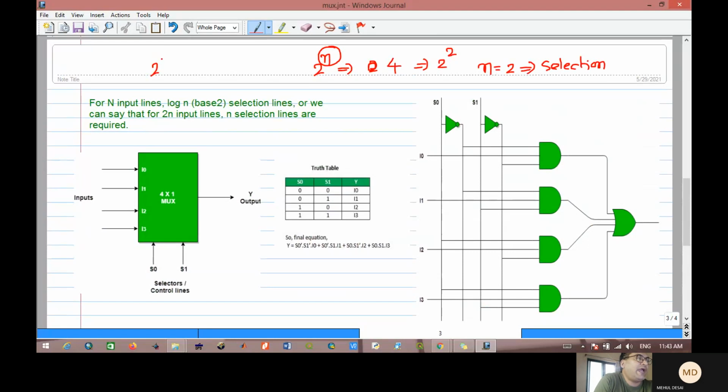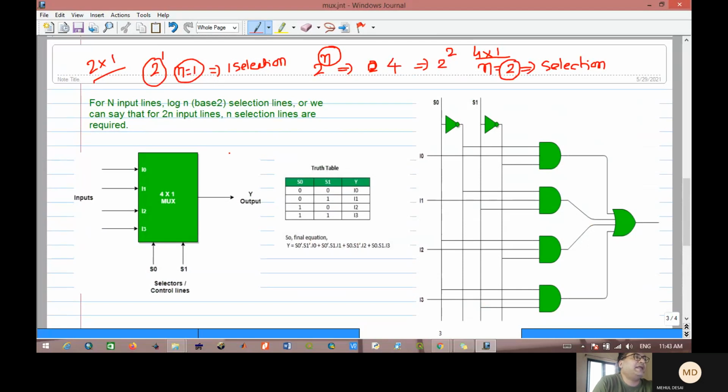Similarly, if 2 raised to n equal to 1, then there are 2 inputs, and n equal to 1 means there is 1 selection line. So this is 2 inputs and 1 output, a 2 cross 1 mux. With 4 inputs, it is called a 4 cross 1 mux, and 2 selection lines are required.